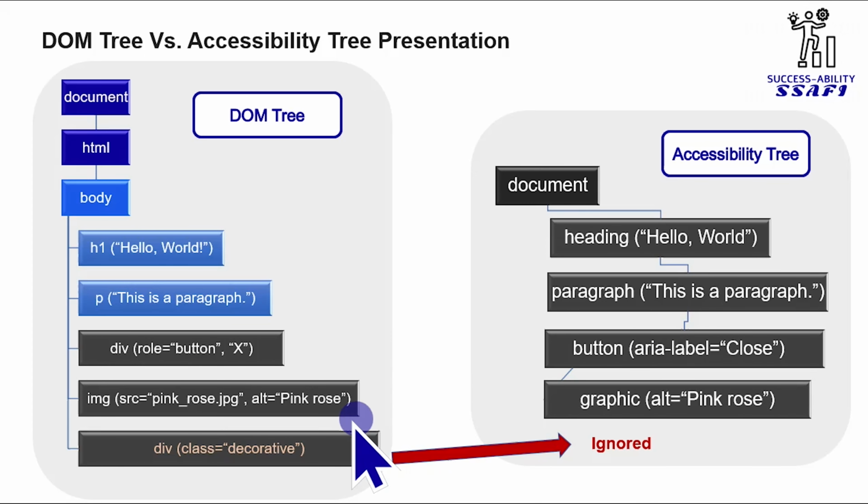Okay, so we also had an image tag. The image tag had the source attribute with the value of pink rose.jpg and alt text. From an accessibility perspective, from SEO and many other perspectives, the alt attribute is important.